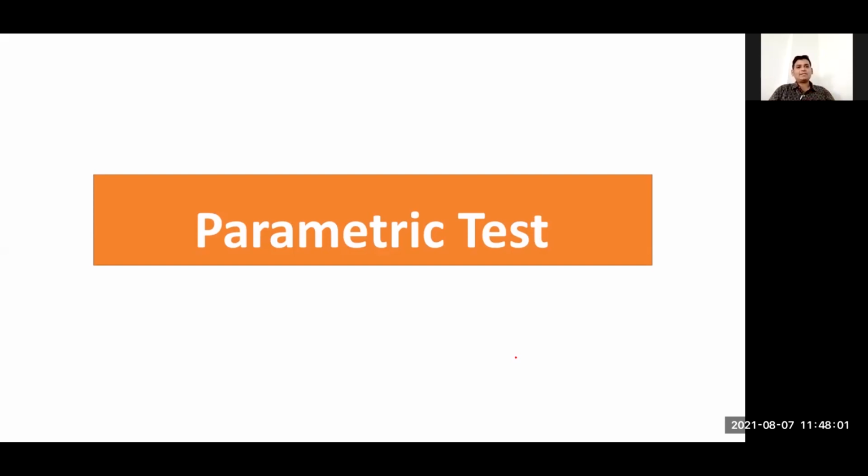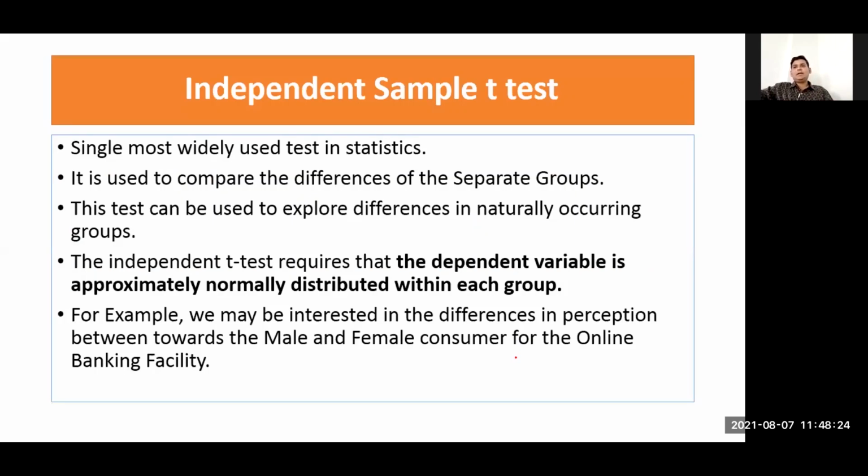For the parametric test, there are various tests that you can apply through the SPSS software, and for the non-parametric test, there are also various tests given by authors, or you can say statisticians. If I have to divide the parametric tests, we will start with the first, the independent sample t-test.